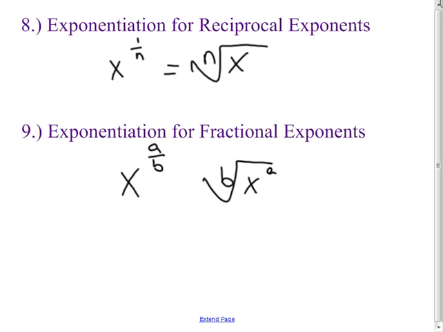So x is going to the a power. It does not matter whether you do the root first or the exponent piece first. No matter which way you go, you will get the same answer. The thing is if you can, it's usually easier if you break down your root first. If I try to take the square root of something before I start taking it to the third power, that's going to be a helpful piece of information just to keep your numbers smaller.